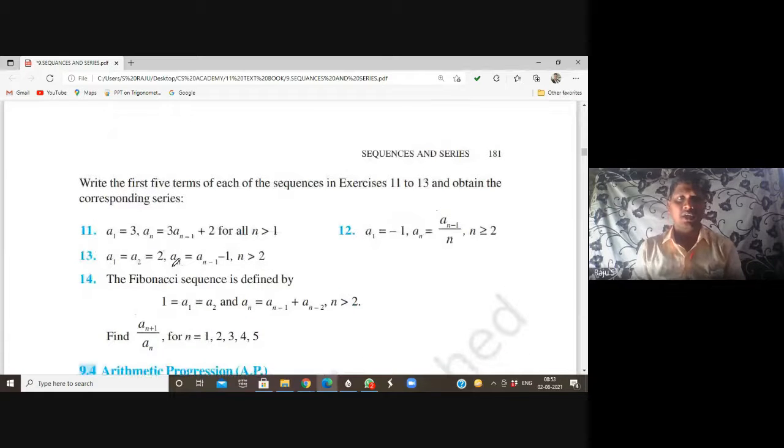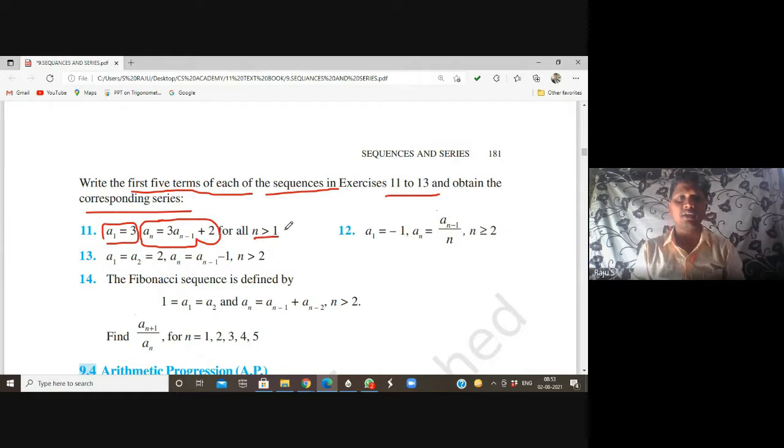See, here also it says write the first 5 terms of each of the sequences in exercises 1 to 13 and obtain the corresponding series. Right now, see here, A1, the first term, they have given, and the nth term they have given, for all n greater than 1.